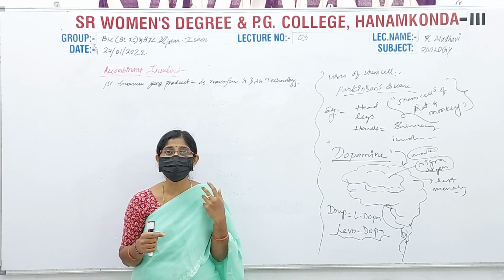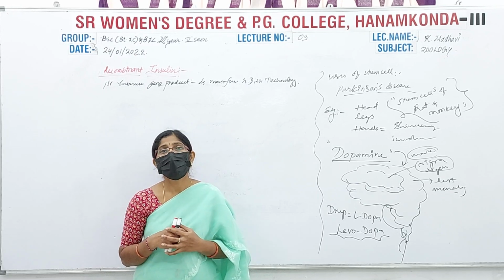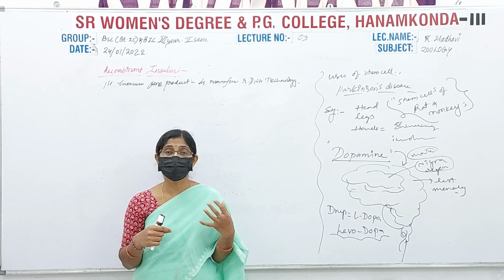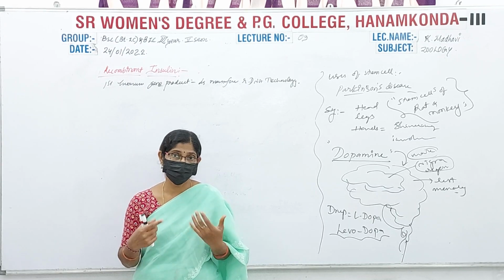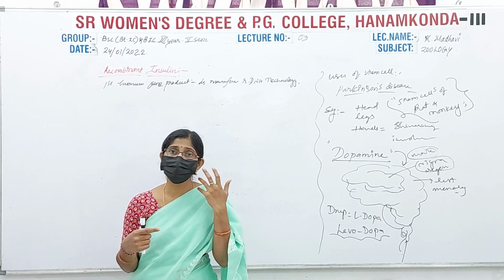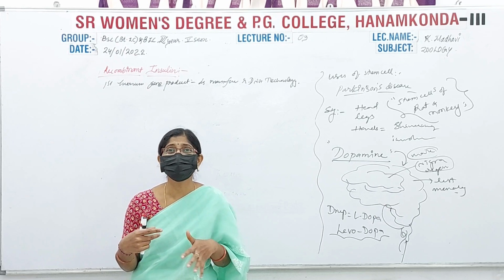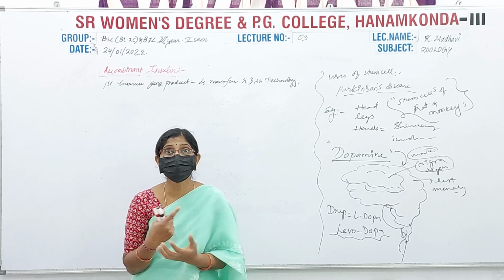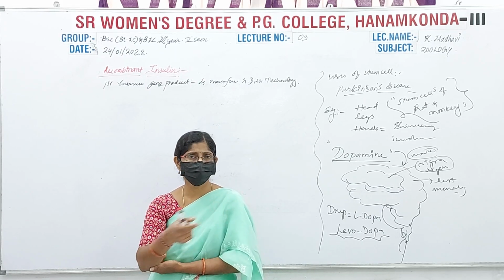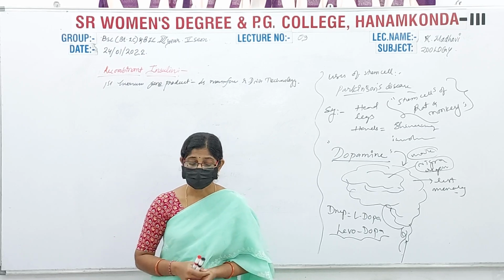The patient frequently goes to the washroom, always feels thirsty and angry, and some persons feel a phobia or fear inside. There are so many symptoms to identify patients suffering from diabetes.